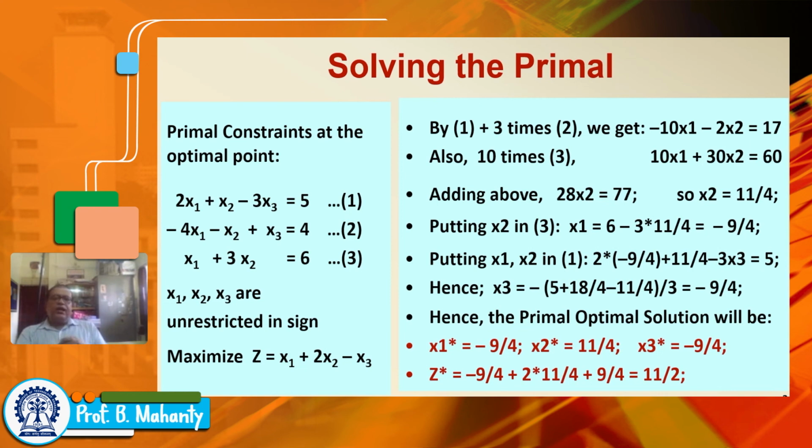Yes or not? So with that knowledge, we can make a number of inferences. We can solve the dual, tell something about the primal, solve the primal, tell something about the dual. And by comparing these two problems, we can solve a lot of very interesting problems. This is a simple problem that we have solved.